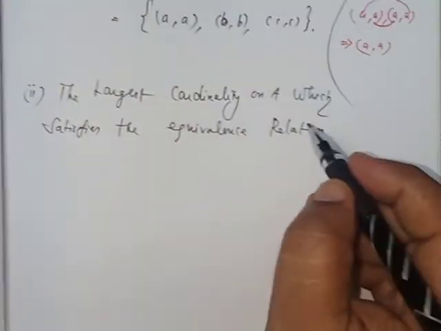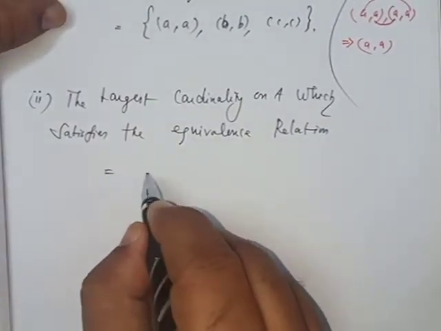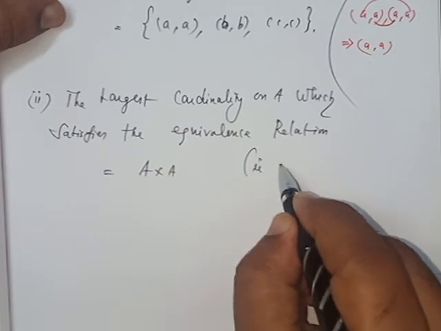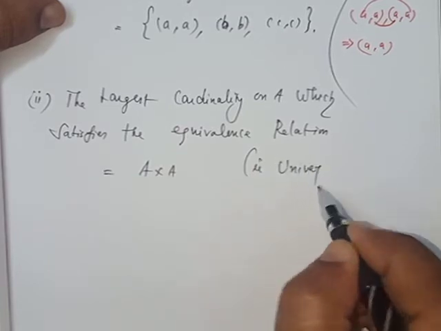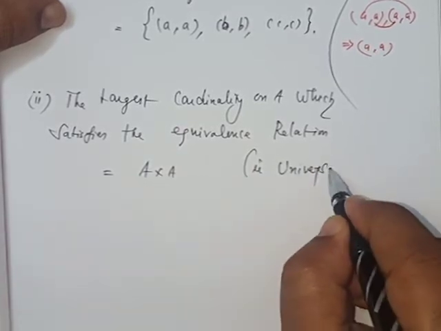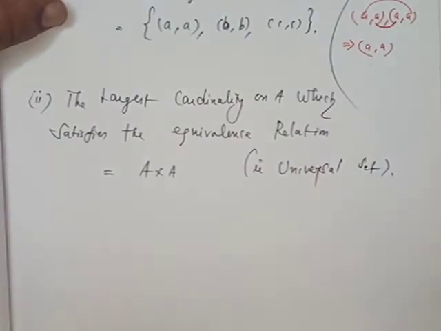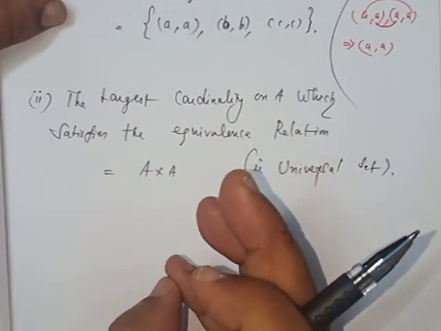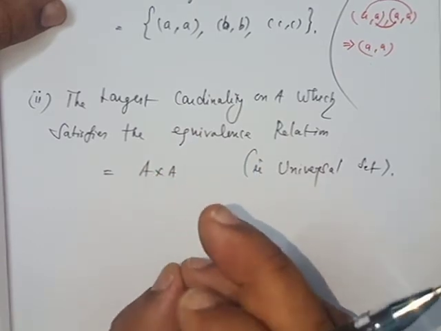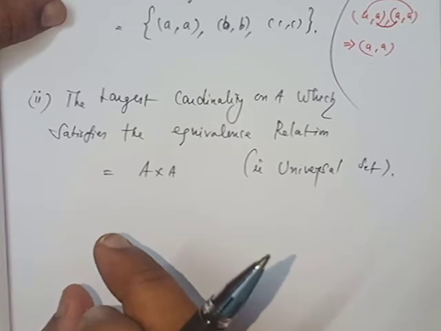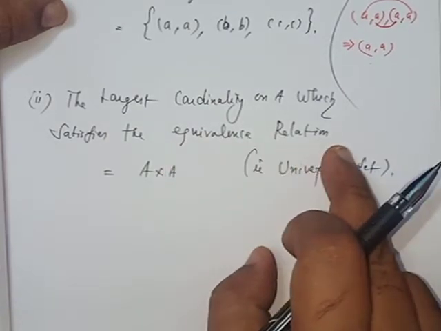That is very simple. A cross A, that is the universal set. We have taken the entire A cross A, what is it called? Universal set. We can verify whether it is satisfied or not. It has to be reflexive, symmetric, even transitive. Then only we can say there is an equivalence relation, right?